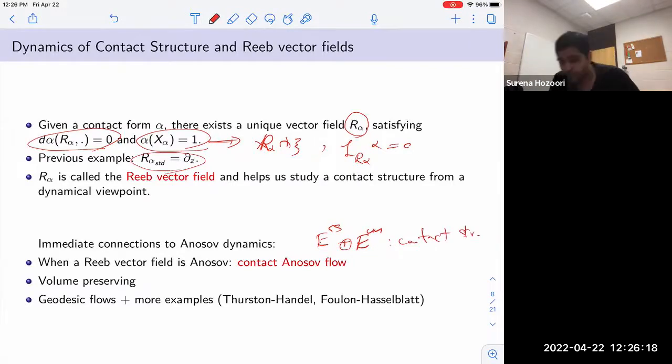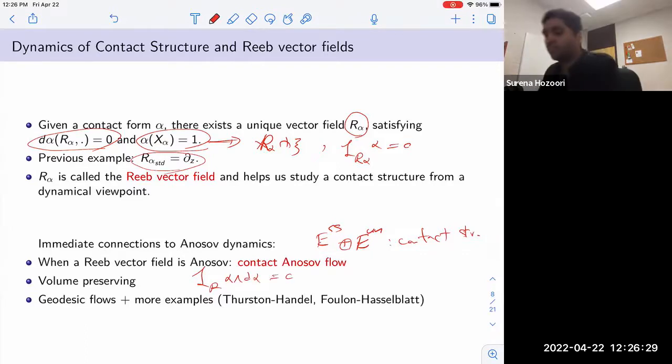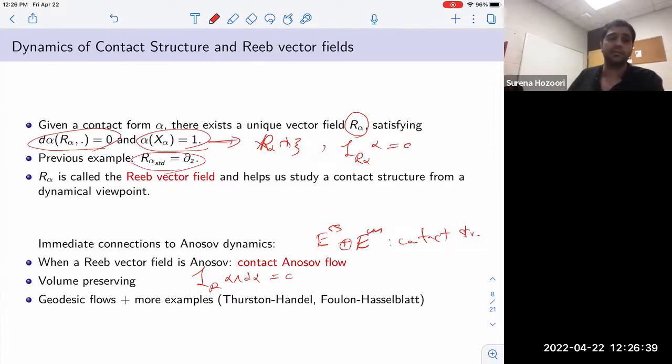And of course, these flows would be volume preserving Anosov flows, because if they preserve alpha, they would also preserve alpha wedge d alpha, which is a volume form. So that's a special case of volume preserving Anosov flows. And just to give you examples, the geodesic flows on the unit tangent space of hyperbolic surfaces, you can easily see that would give you contact Anosov flows.